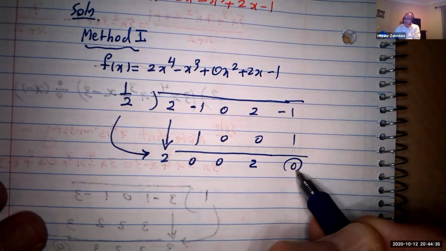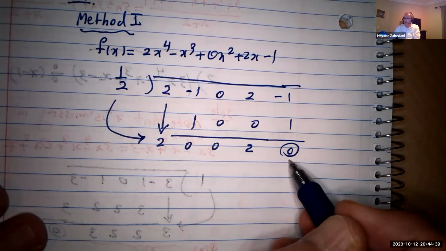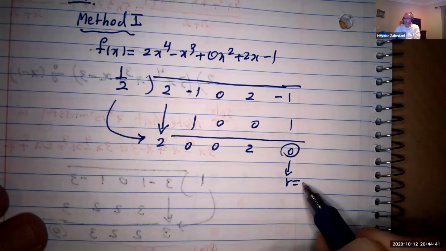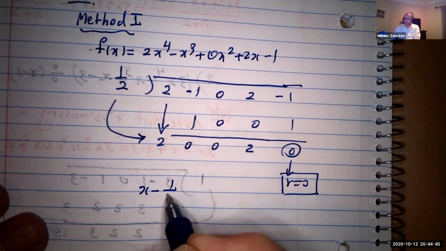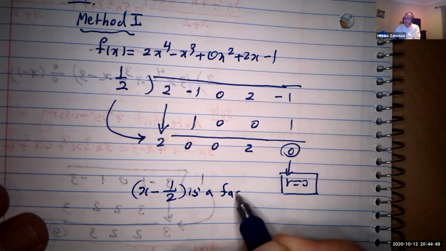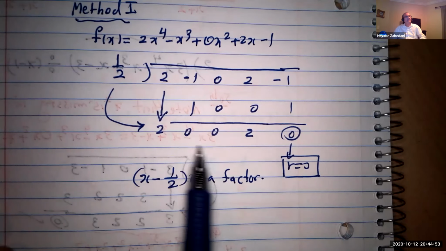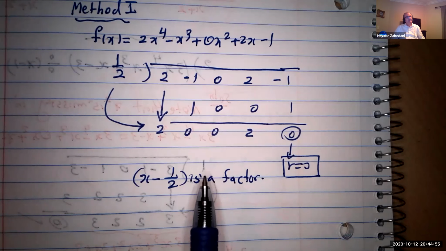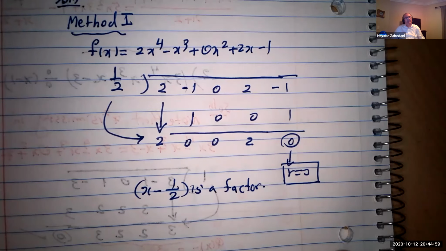You see? The remainder is 0, so it's factorable. This means x minus 1/2 is a factor. You can also find the other divisors from this method. So that's one method. Any questions?